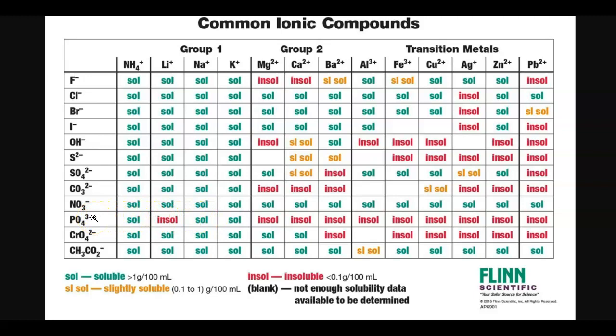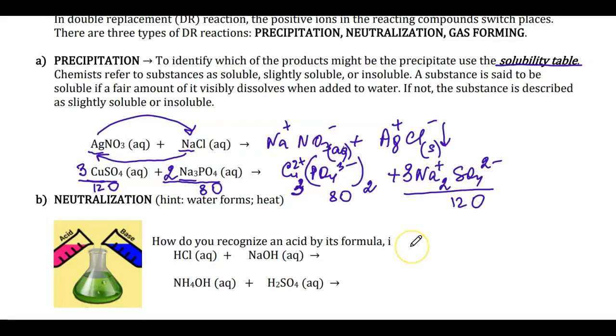Yes, it's PO4, 3 negative. And that was the sign that this compound is insoluble, right? Insoluble. So I'm just gonna clean up something here. Okay. And it will be solid right here and aqua here.